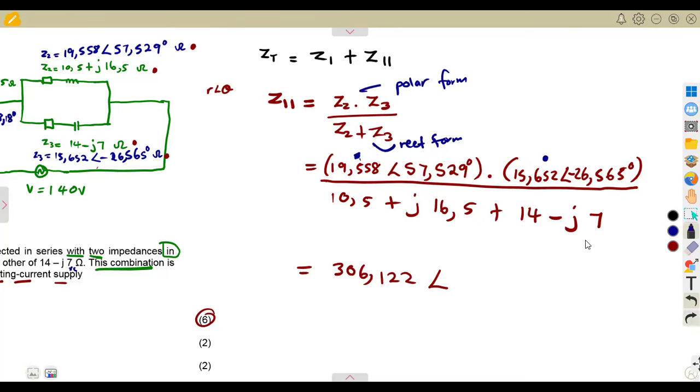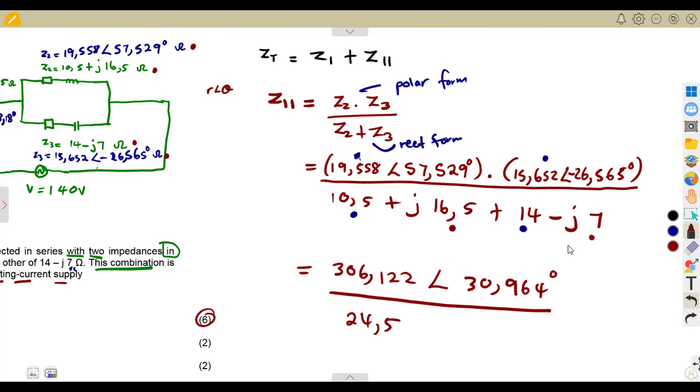If you're subtracting, it means you are dividing. Remember your mathematics N4, guys. So that was going to give us 30.964 degrees. Then if you add in rectangular form, remember the real terms together. So 10.5 was going to add to 14, which is 24.5. Then we've got j16.5 minus j7, 16.5 minus 7, that's 9.5.